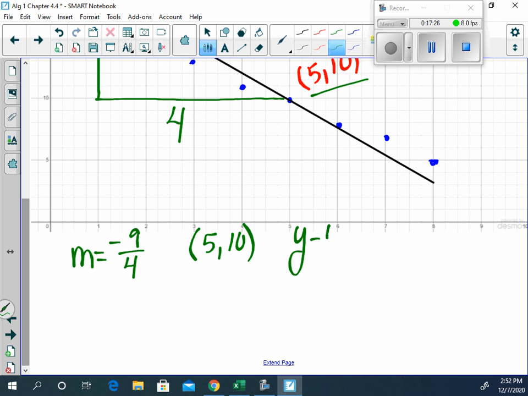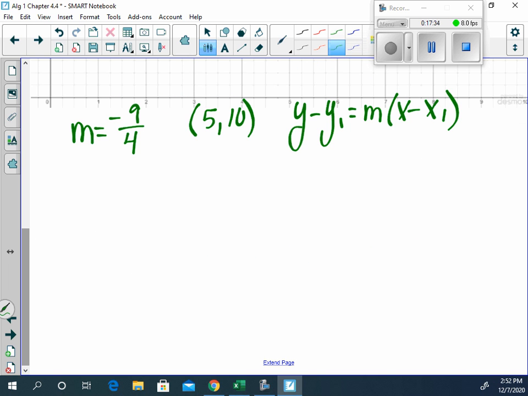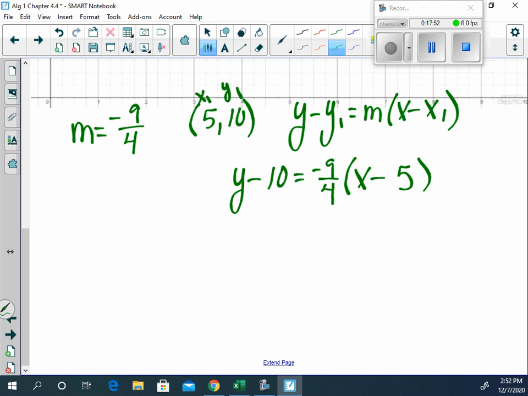And we're going to use our y minus y1 equals m times x minus x1. Now our slope was negative 9/4. The y value, so x1, y1, the y value is 10 and the x value is 5.